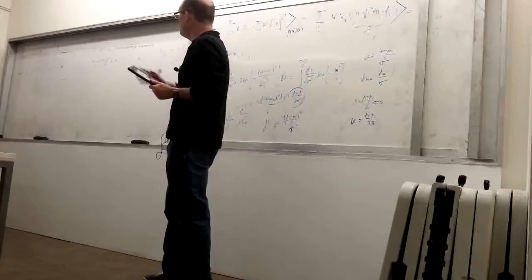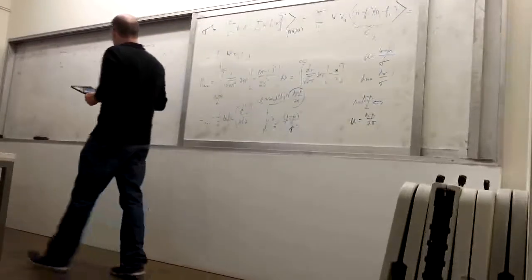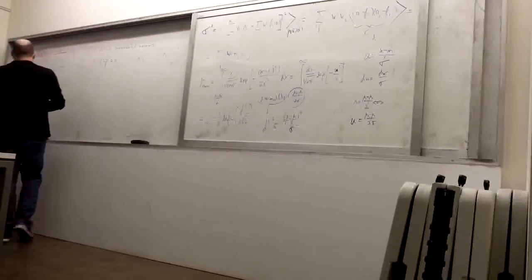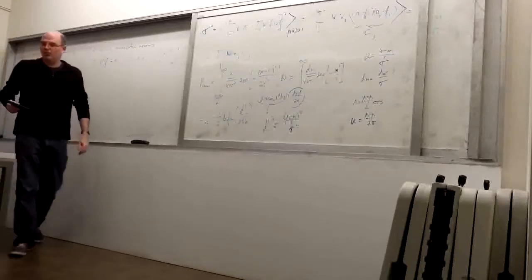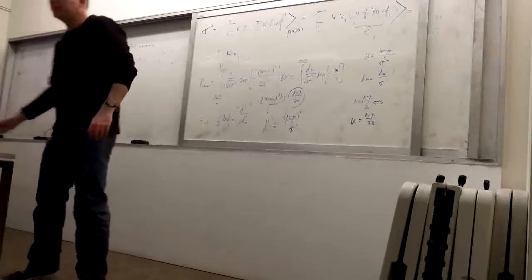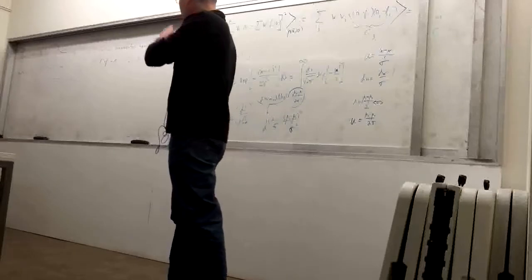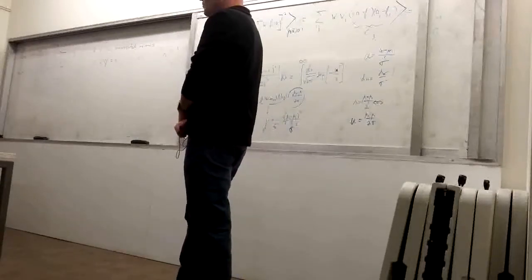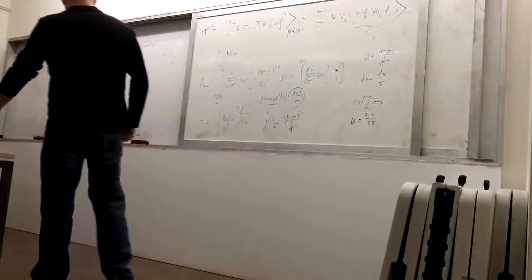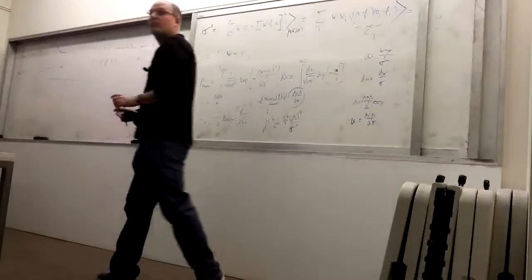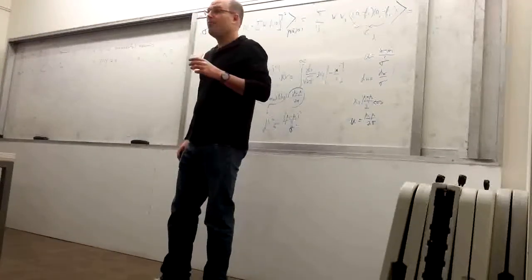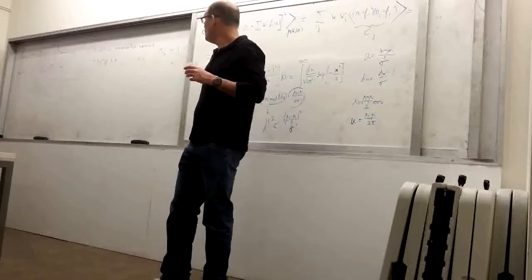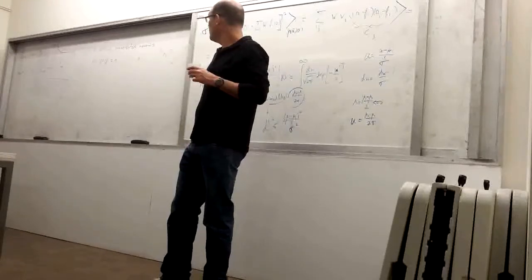Okay, so what does this formula tell us? What would the optimal weights look like? They look like G multiplied by A to the power of minus 1.